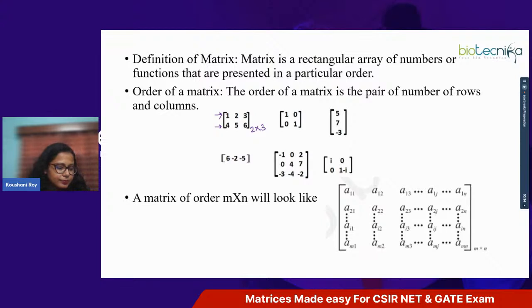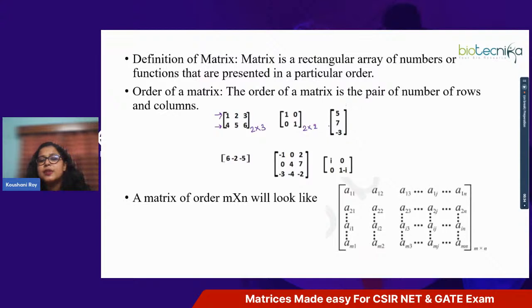Similarly, here there are two horizontal arrays and two vertical arrays, so we can write it as 2 cross 2.